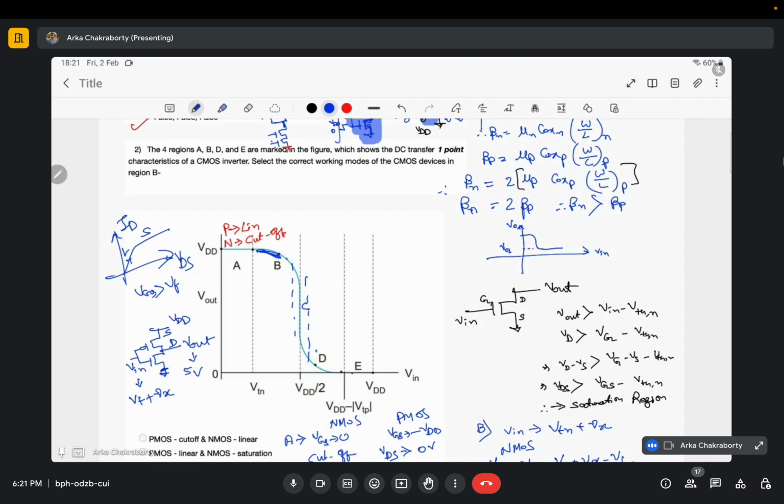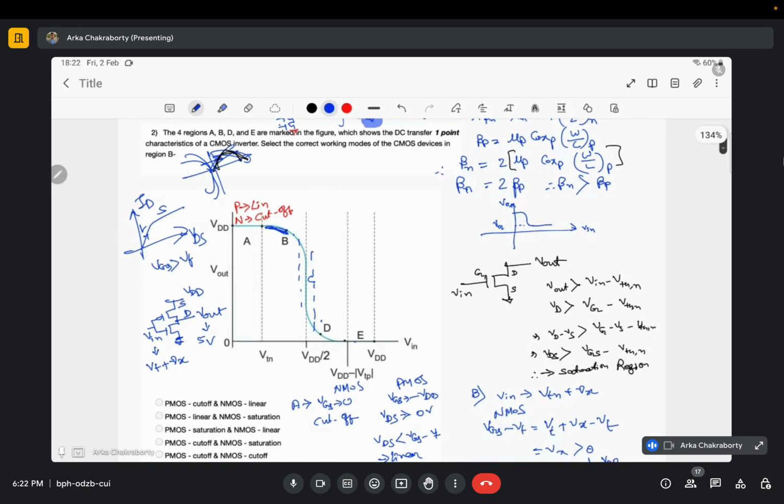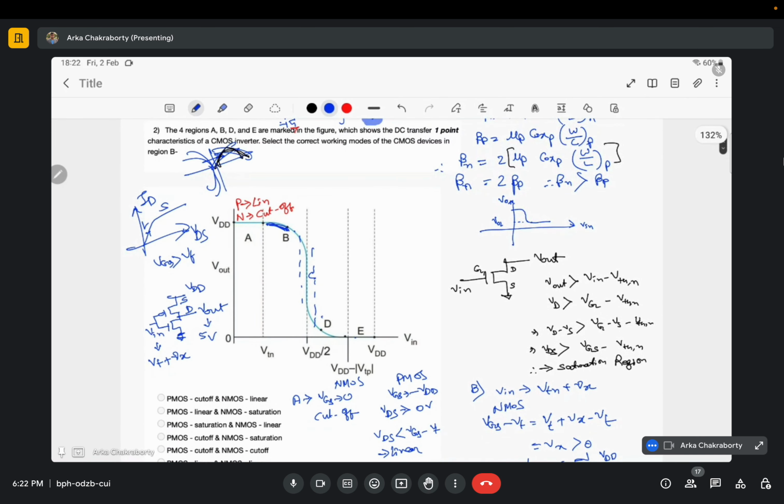This is not the case for our MOSFET. I think sir has told it also using that graph where he has superimposed it like this, and he must have taken the mirror image, then shifted it here, and you must have found some region of operation like this. If you carefully look into it, you will see that in a CMOS circuit the operation starts from saturation region, then enters the linear region.